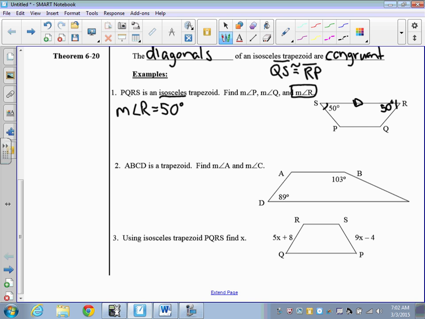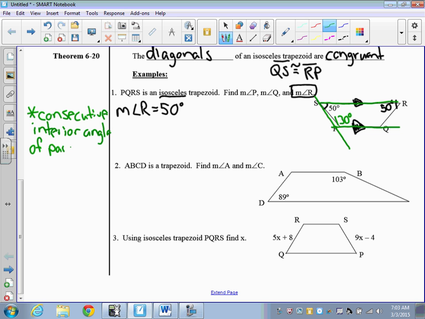As far as P and Q, we have to remember we have parallel lines. And these angles here are same side interior or consecutive interior angles. So you need to remember consecutive interior angles of parallel lines are supplementary.